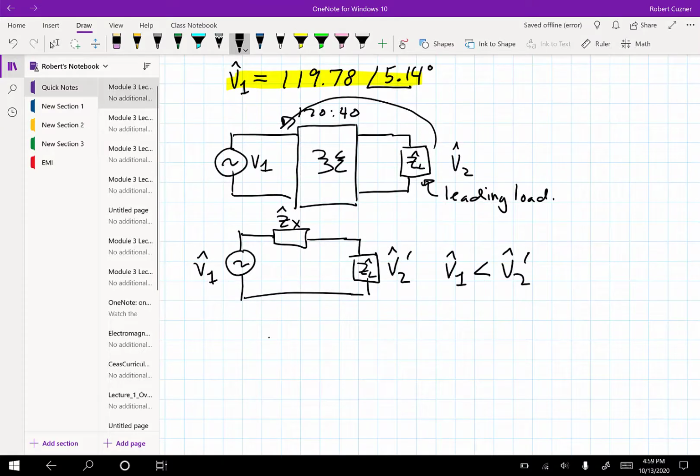Well, if you had a purely inductive voltage, you had something like this, and you had V2 here. This is for the interested student.